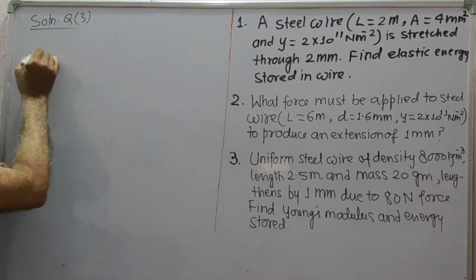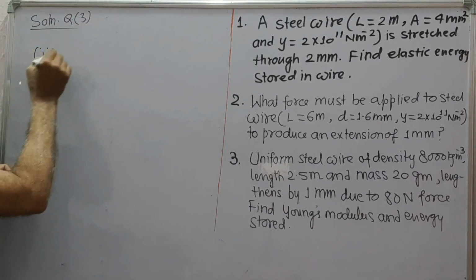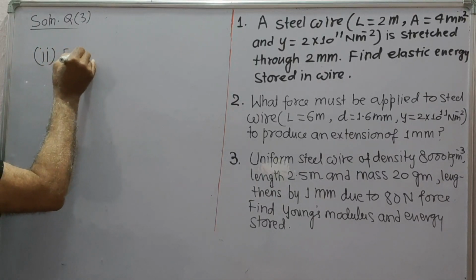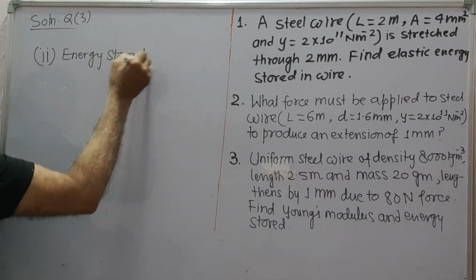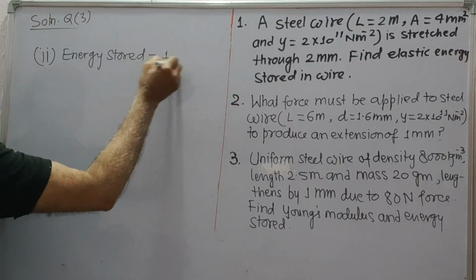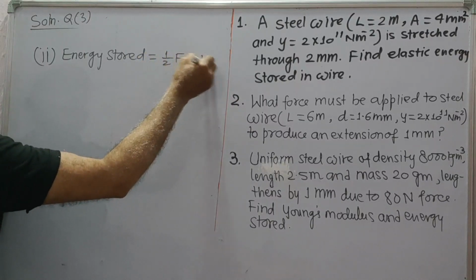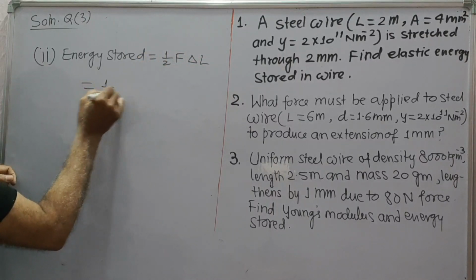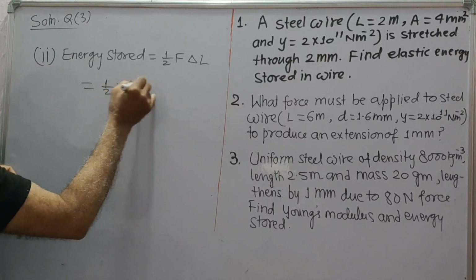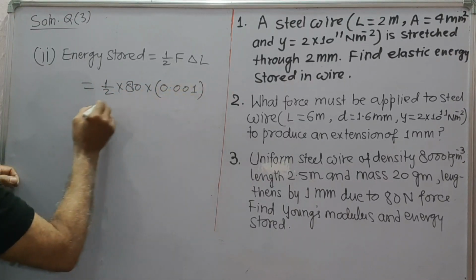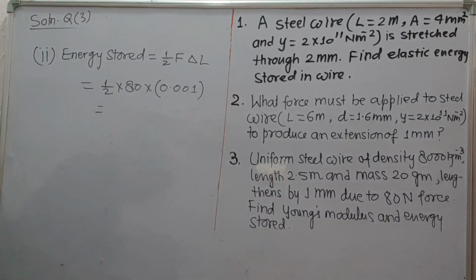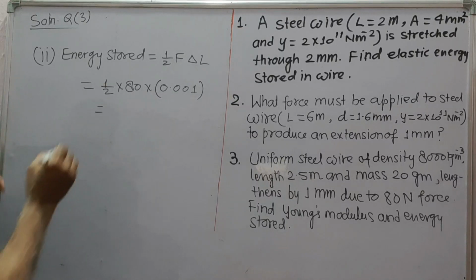Second part is energy stored. It is half F into delta L, which will be 1 by 2, F is 80 and delta L is 0.001. So we get energy stored as 0.04 joules.